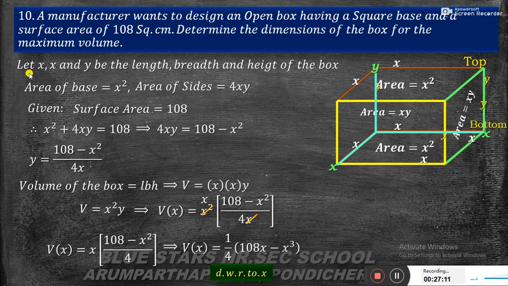So let x, x and y be the length, breadth and height. Because the base is a square, all sides of the base are equal. So length is x, breadth is x, and I represent y as the height of the box.